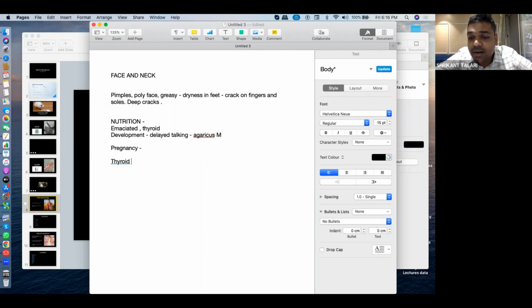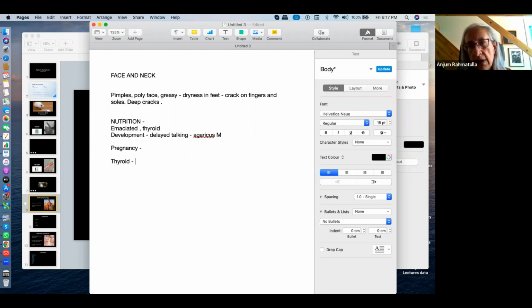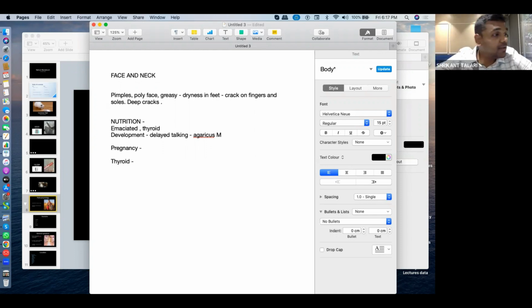Similarly, you will see thyroid symptoms like what? One is excessive eating, but still losing flesh. What are the other thyroid symptoms? Either hypo or hyper? It can be both. So either there will be, even after eating a little bit, excessive weight gain.